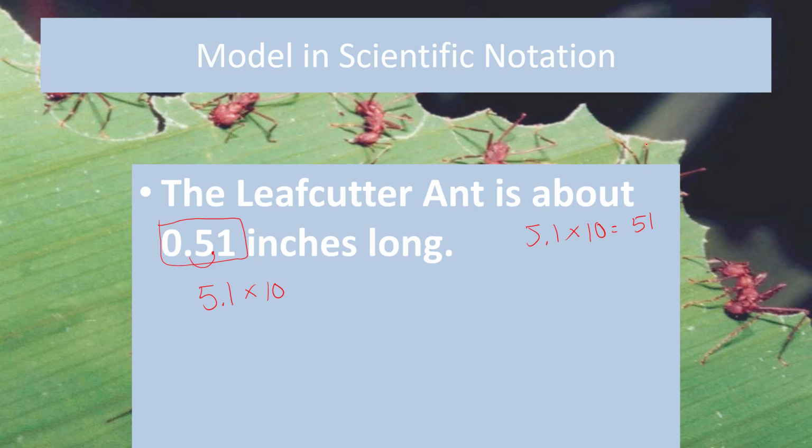Well, that's true, isn't it? So instead of multiplying by 10, we really want to divide by 10. 5.1 divided by 10. Oops.